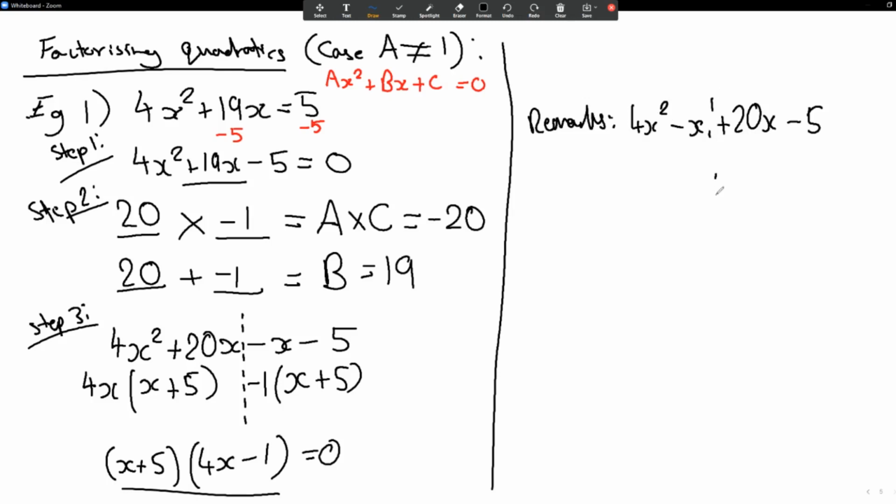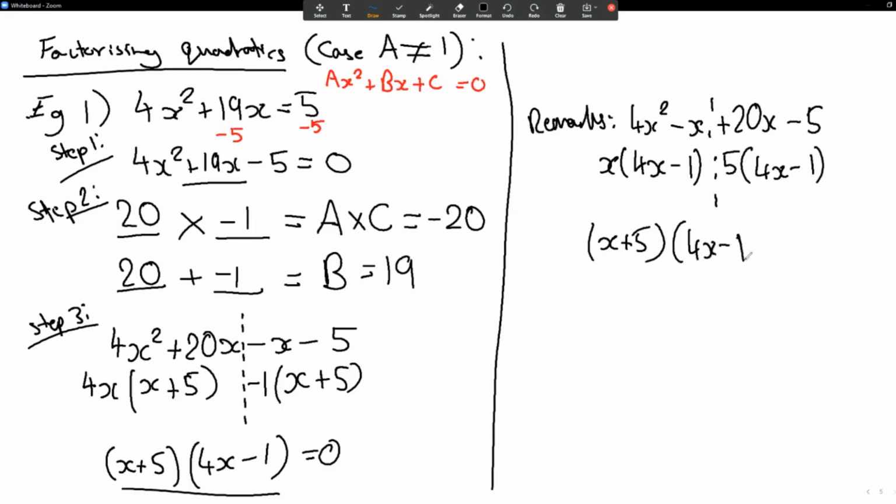So in this case, we can take out just x over here. We get 4x minus 1, sorry. And here we could just take out 5, which will be 4x minus 1. We've got the same thing in the brackets, and we've got x plus 5 outside the brackets, so we get the same answer.